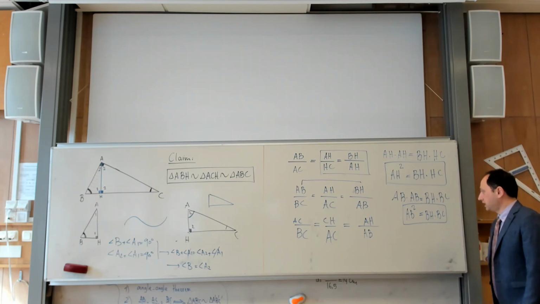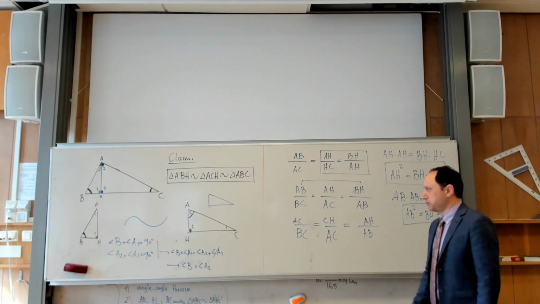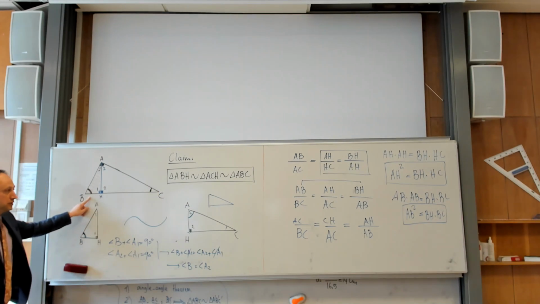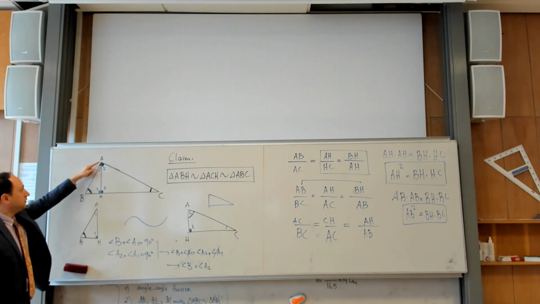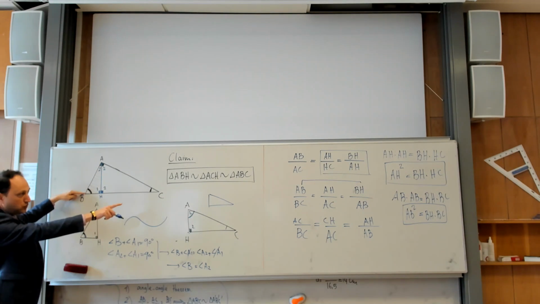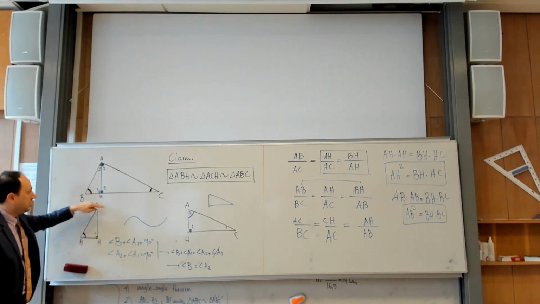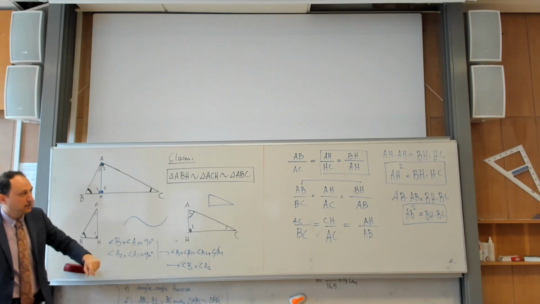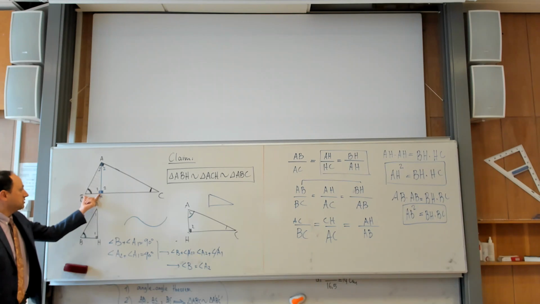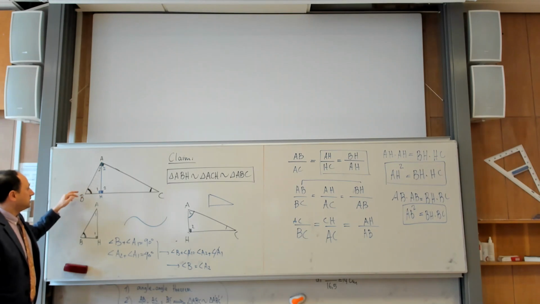That is also a nice relation that I have in my memory, but you don't have to. Let us just interpret it on this picture. So this tells you that if you are interested in this side squared, AB squared, you can take the hypotenuse BC and multiply it by BH. How can I interpret BH? BH is called, for example, the length of the shadow of AB on the hypotenuse.